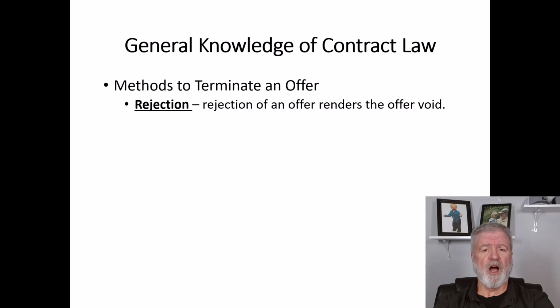A very common way to remember this is that the OR is the one always giving something, and the EE is receiving. So the offeror is giving the offer. That's obviously the buyer. The offeree is receiving the offer, so that's typically the seller.